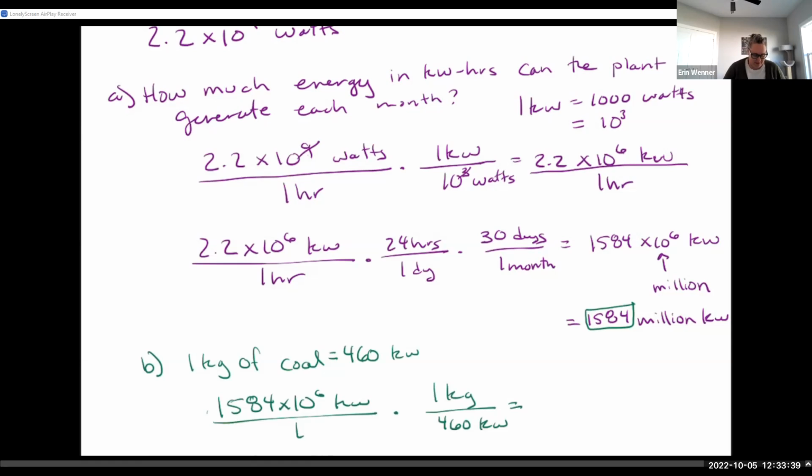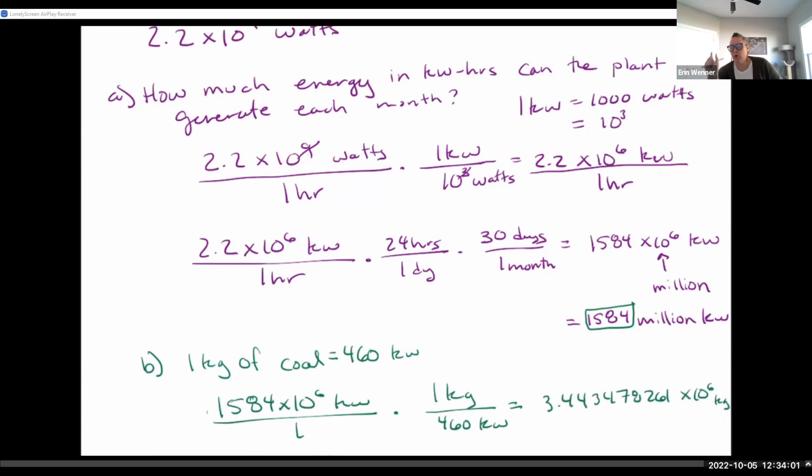So 1,584 divided by 460 is going to give us 3.4434786261 times 10 to the 6 kilograms. Now, again, how do I know I don't need to use that 10 to the 6th part?